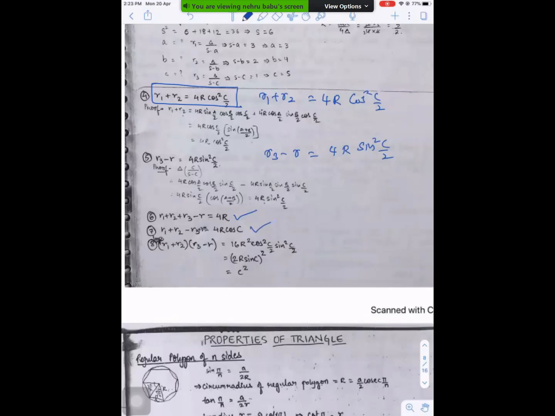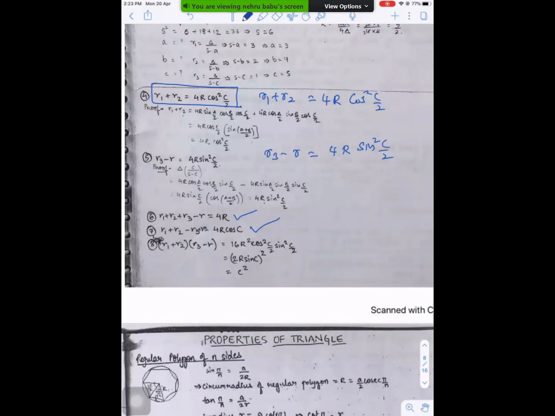If you want to find angles, this is the formula. If you add, you are getting 4R. If you subtract the two things, R1 plus R2 minus of R3 minus R, then you will get 4R cos C, because by using the above formula, R is also coming.